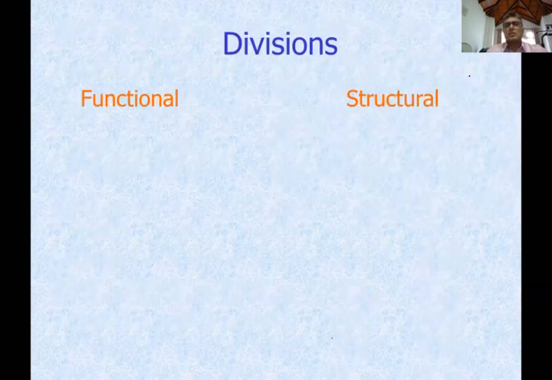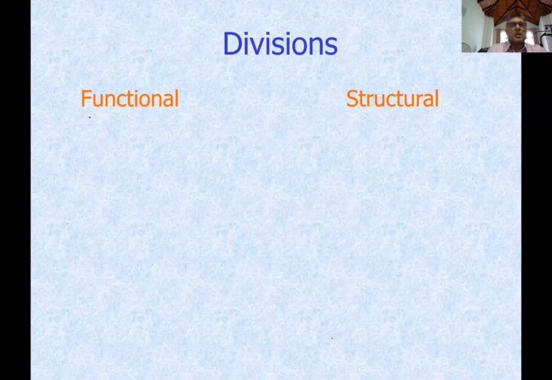Then this is how you divide the nervous system into parts. You can have two types of divisions. You can have a functional division, you can have a structural division. Now in all textbooks, you use both from time to time. You go for functional, you go for structural divisions. As long as you know what it really means, then there is no problem.